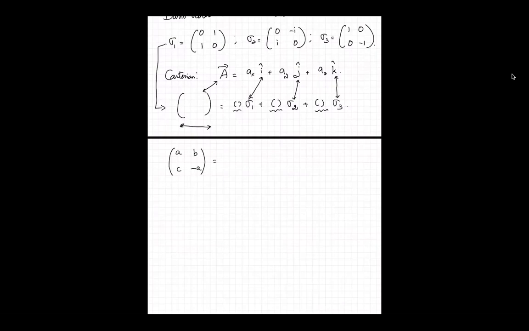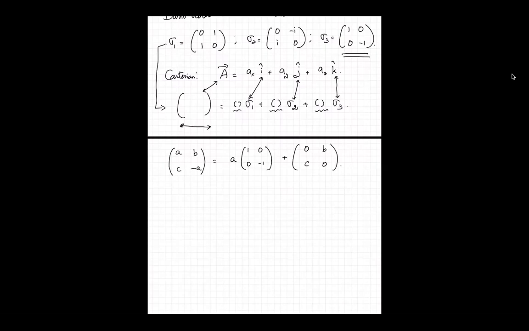So notice that to generate the 1,1 component and the 2,2 component, you have to have sigma 3, because sigma 3 has the 1,1 component and 2,2 component. So this has to be of the form A times [1, 0; 0, -1], and then you have [0, B; C, 0].